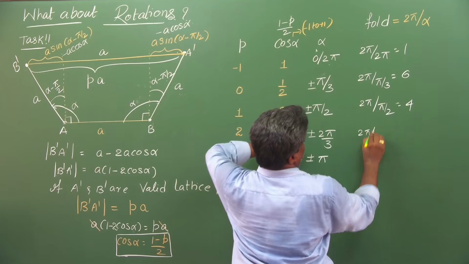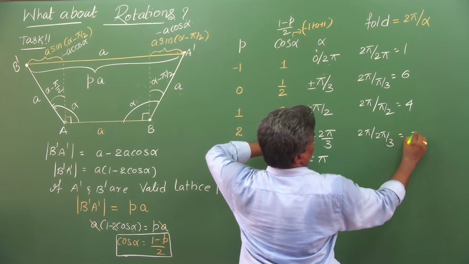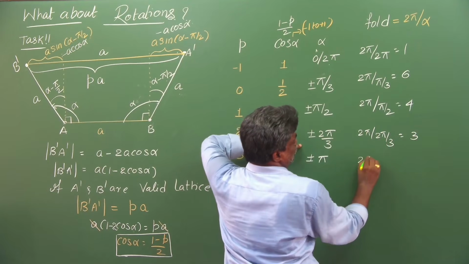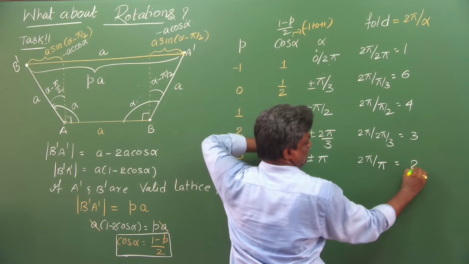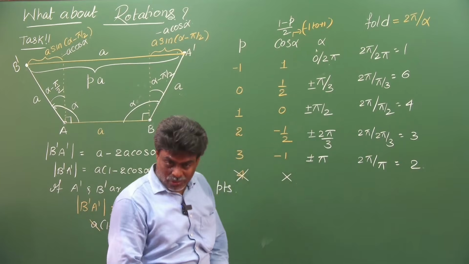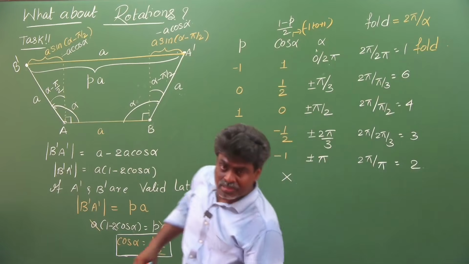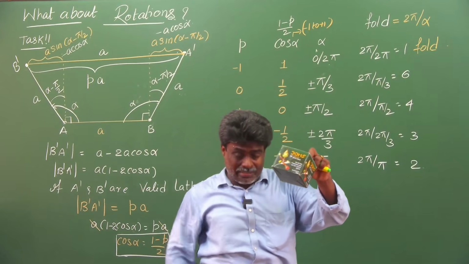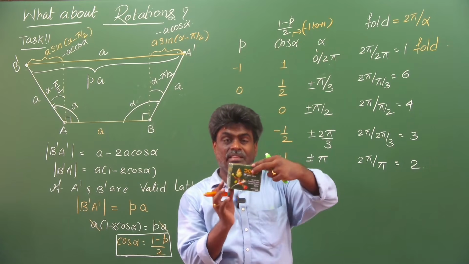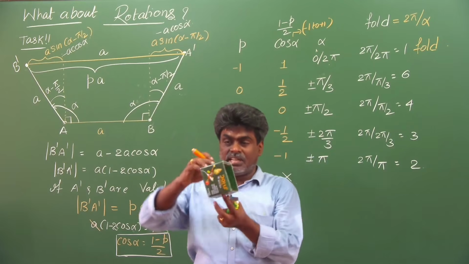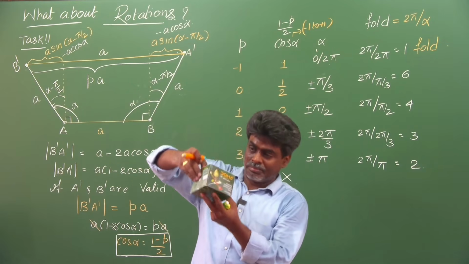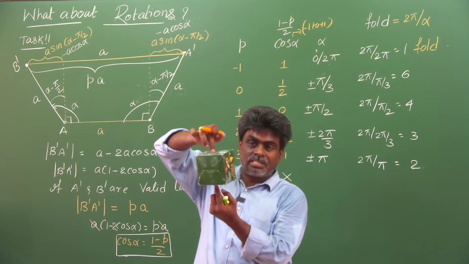Next 2 pi by 2 pi by 3. Next 2 pi by pi. So one fold exists. Means take a solid or a crystal. Okay. If you rotate this through 360 degrees.